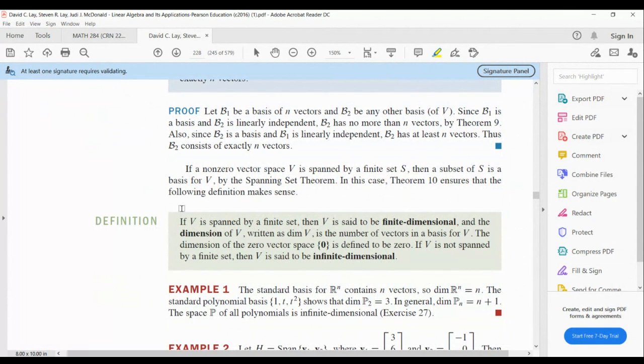They talk about finite dimensional spaces, but here's the big thing to take away from this definition: the dimension of a vector space V, written as dim V, is simply the number of vectors in a basis for V. It's the number of vectors in a basis for V.